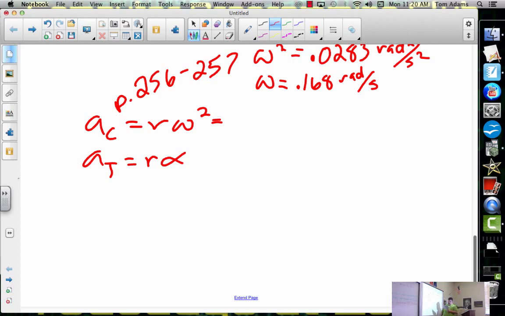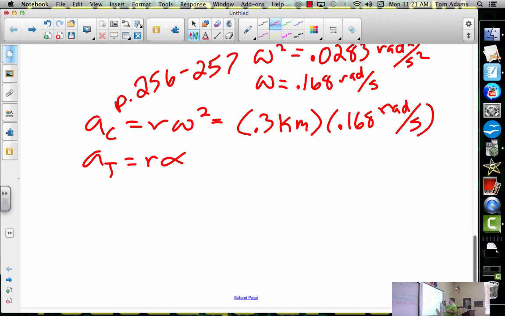So then what was the radius? Well, the radius we said was 0.3 kilometers, right? And then we just solved for the angular velocity, which is 0.168 radians per second. And then this whole thing needs to be squared.